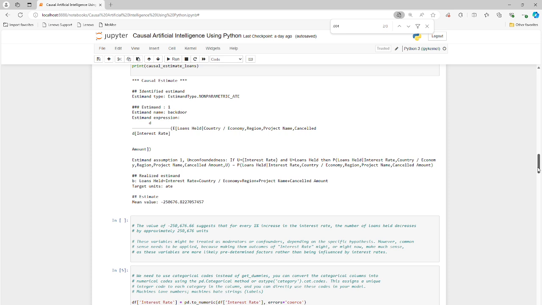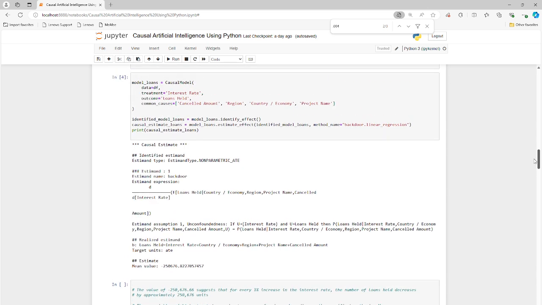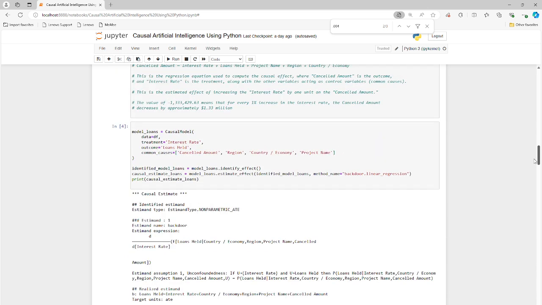So 250,000 decrease for an increase in interest rate, and we're holding those other variables constant, right? Or accounting for those other variables with just slight minor changes. And again, these common causes are canceled amount, region, country, economy, and project name, okay?